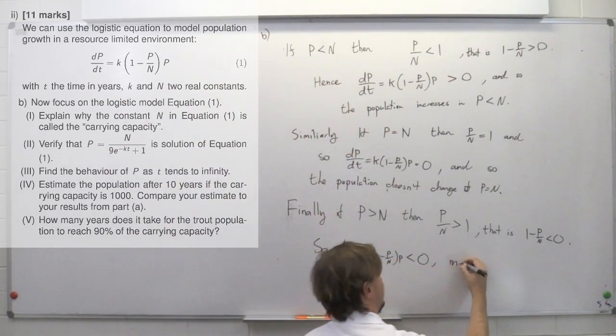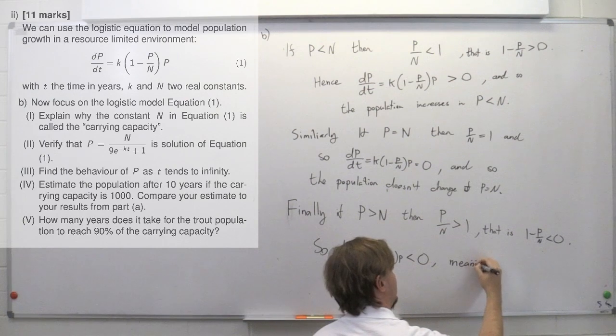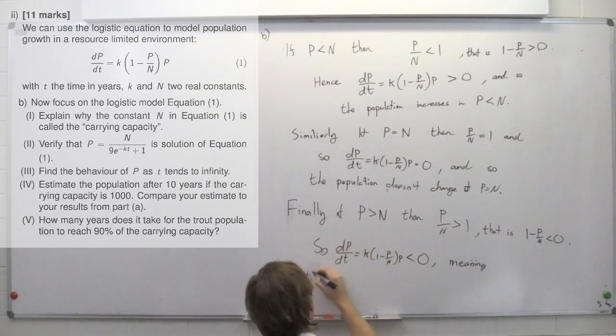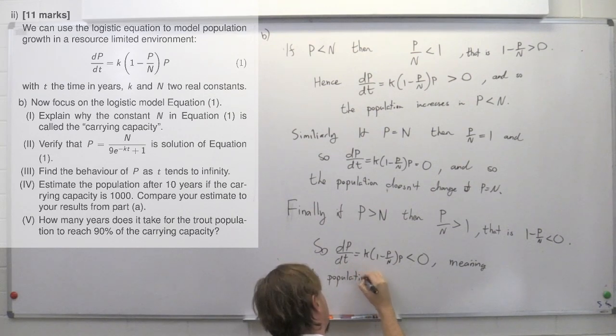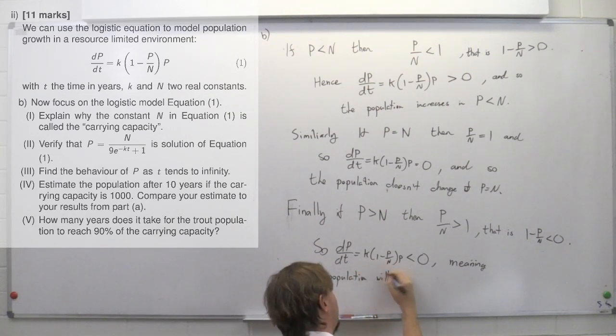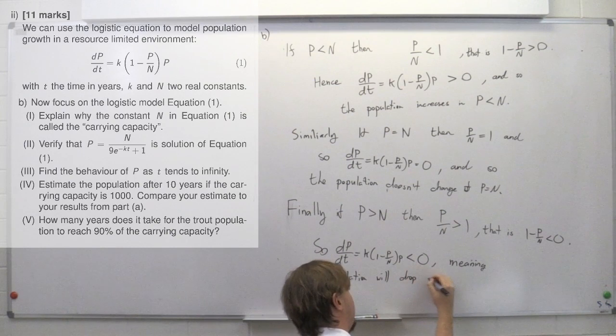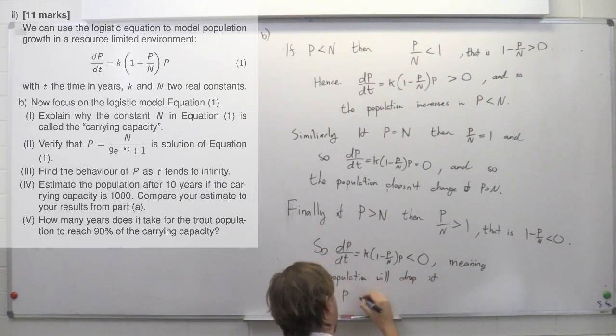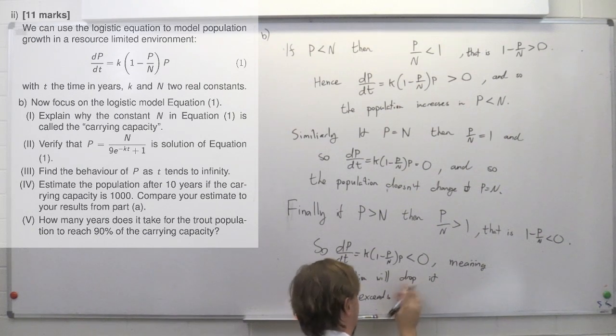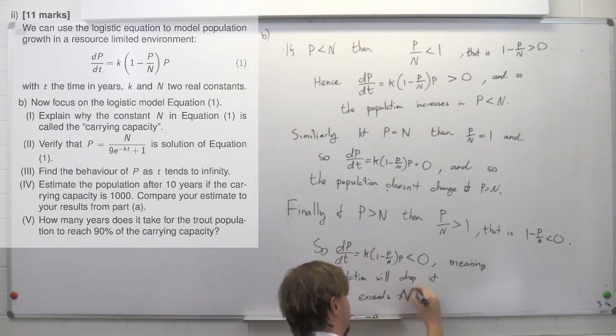So meaning the population will drop if p exceeds n. Let's write that a little bit nicer.